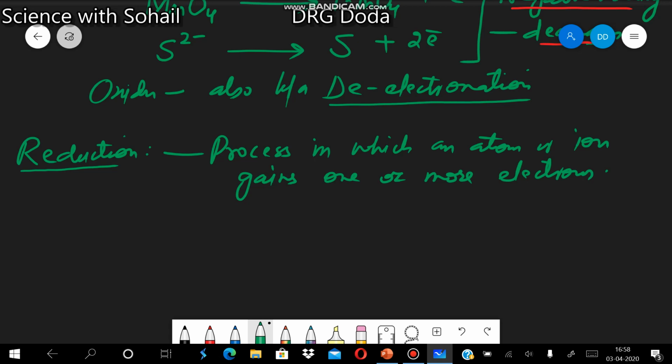For example, chlorine gains an electron and forms Cl- ion, that is chloride ion.